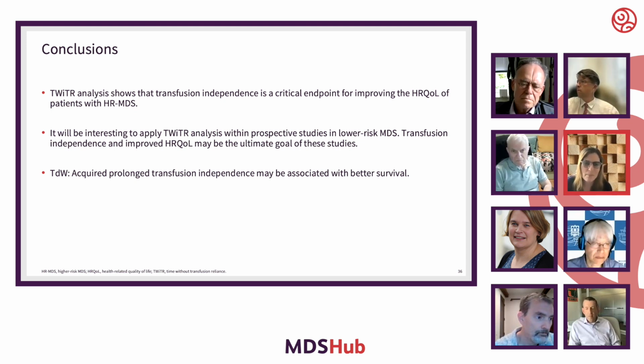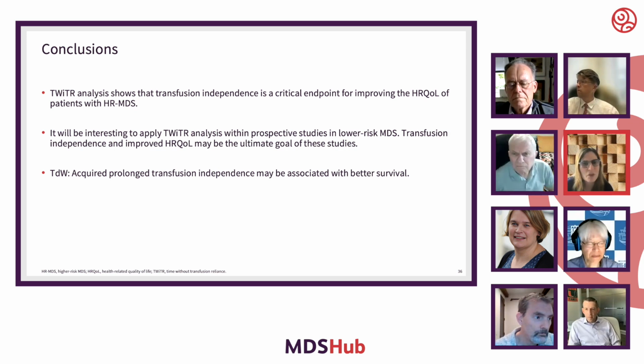And so it means that sometimes, even if we render someone transfusion independent, but they have a lot of comorbid disease that are symptomatic, or they are frail, we may not see the improvement in the quality of life scores that we seek. So we're going to have to control for that.